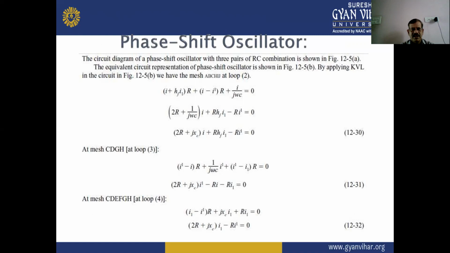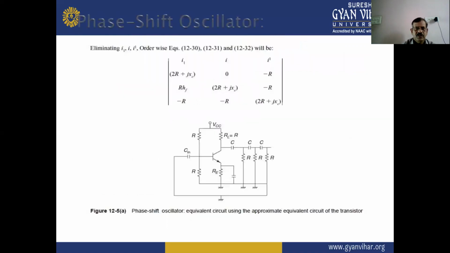By applying KVL in the circuit, we have the mesh ABCH at loop 2. So we have these three equations, and next at mesh CDGH at loop 3 we have also two equations, and at mesh CDEFGH at loop 4 we have these equations.